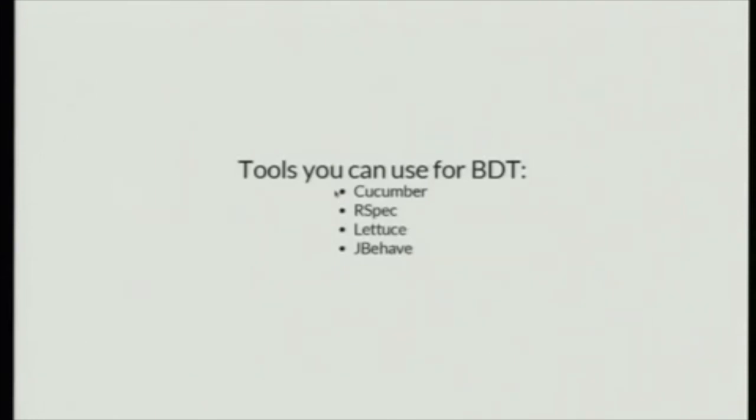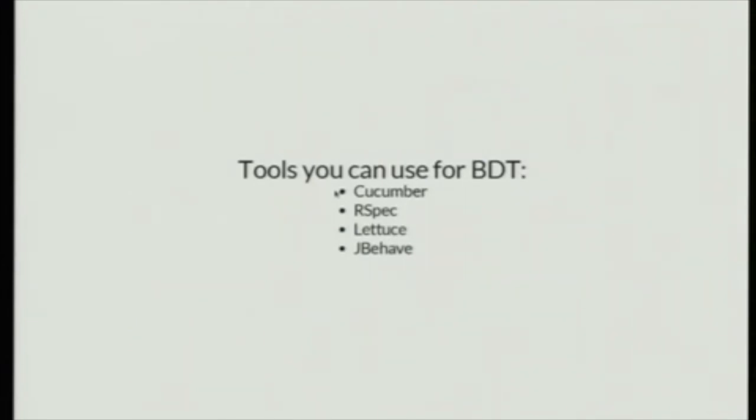RSpec is another BDT tool which is available for Ruby programmers. It helps you to write readable API, and the DSL that it involves is keywords like describe, to describe a user, and the keyword it. It should have a last name field maybe.